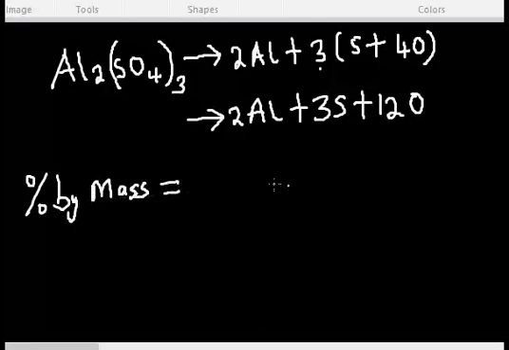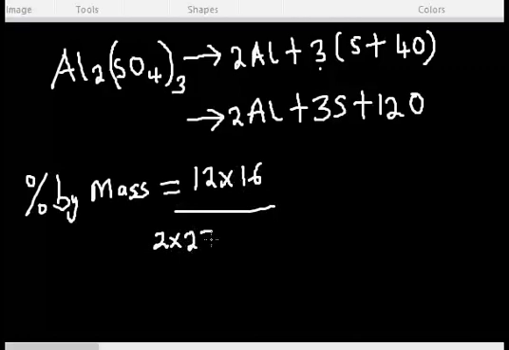Percentage by mass is going to be equal to 12 times 16, divided by 2 times aluminum, which is 27, plus 3 times sulfur, which is 64, and plus 12 times 16.